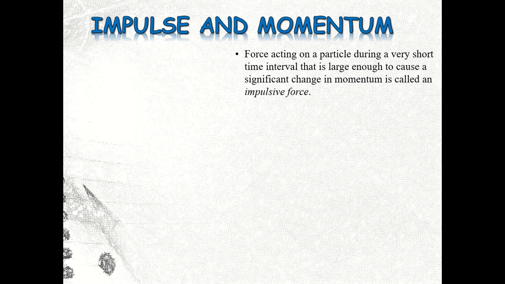All right. So a force acting on a particle during a very short time interval that is large enough to cause a significant change in momentum is called an impulsive force. Okay, so remember this.